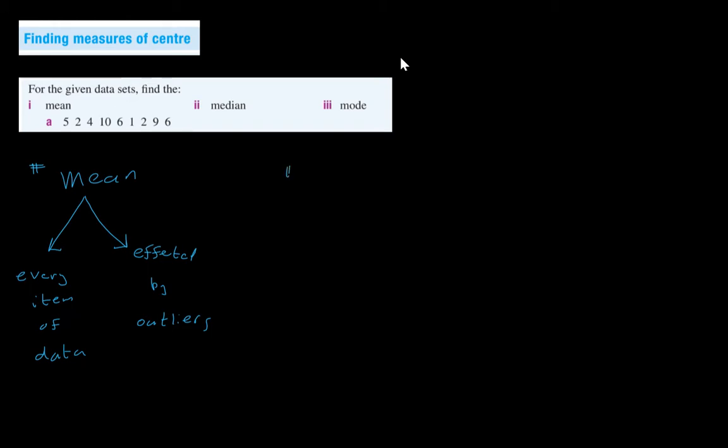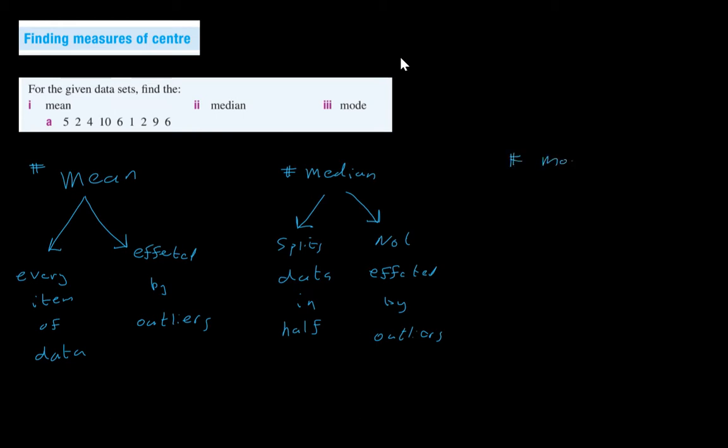The median splits the data in half. It's not affected by outliers. And let's say something about the mode.